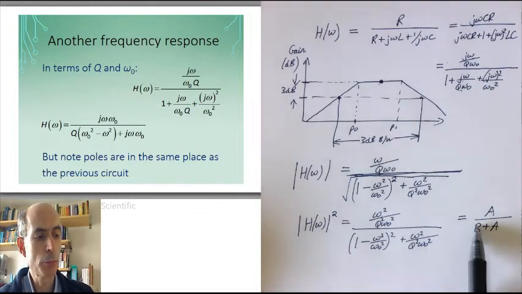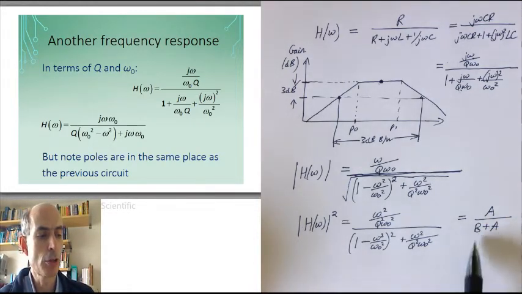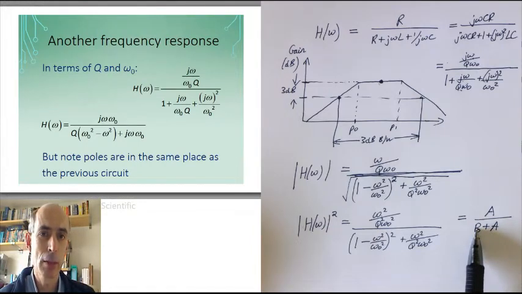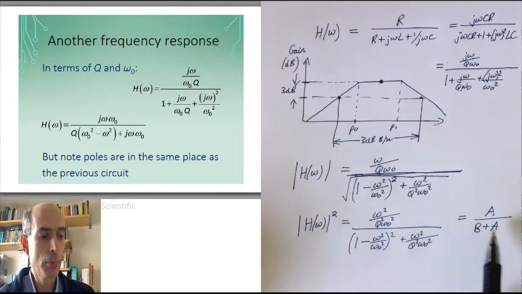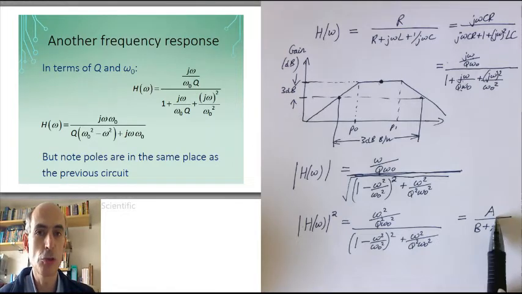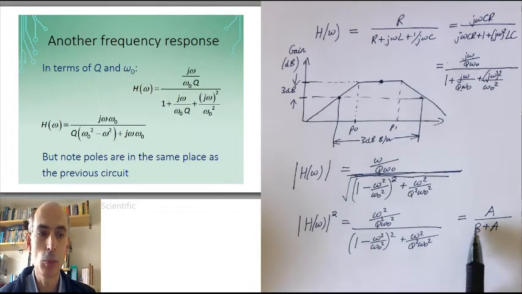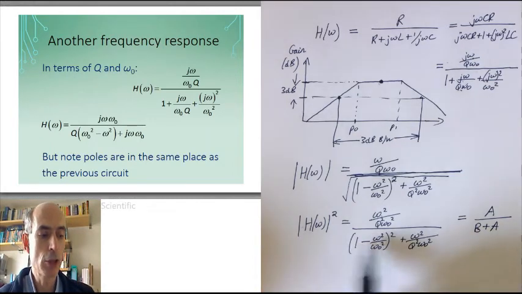Well, the maximum possible value of this would occur when B is 0. Because when B is 0, this evaluates to 1, A over A. For any other value of B, this is going to be less than 1, because remember, B has to be positive, or 0, because it's a perfect square. So the maximum possible value of this is going to be equal to 1, and it's equal to 1 when B is equal to 0. Well, B is equal to 0 when omega is equal to omega naught.